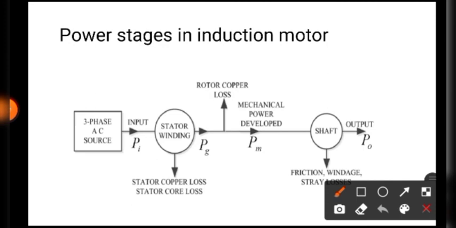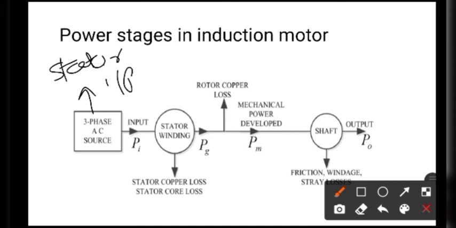Now we are going to see formulas in power stages. This is the stator input. This is stator loss.